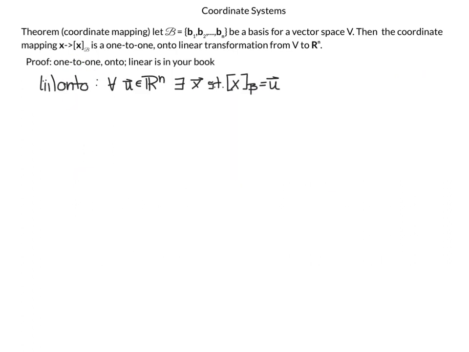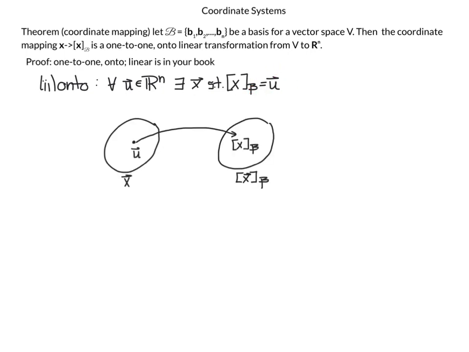Next, we'll prove onto, which we've been doing because we had to prove things were onto Rn. So we're going to say for all vectors u in Rn, there exists some vector x such that x coordinate with respect to beta is equal to u. And for whatever reason, this is hard for me to understand just in symbols, so I drew a picture.